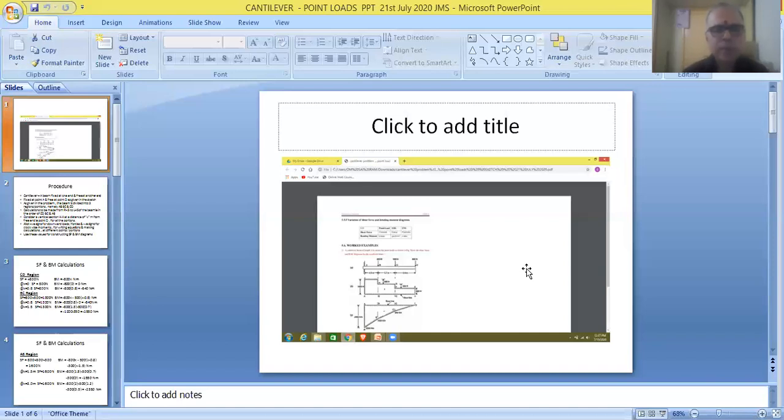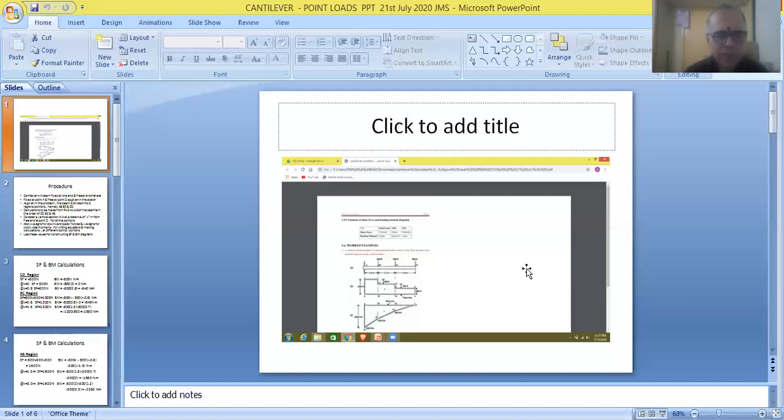So finally, these are the loads. A cantilever is shown in the diagram, and three point loads are acting, as shown in the figure. The individual distances are already marked in the figure.